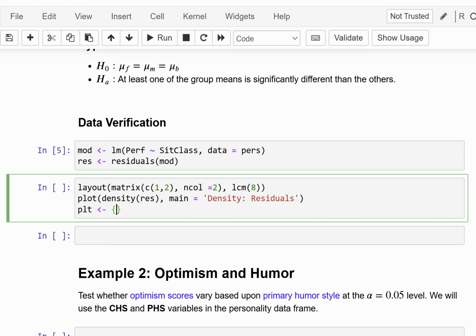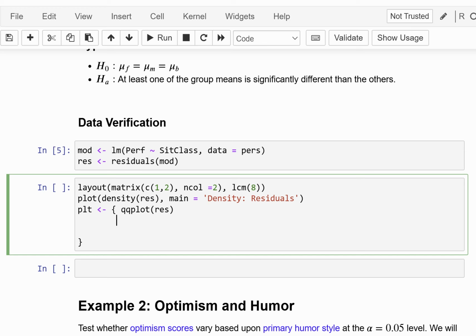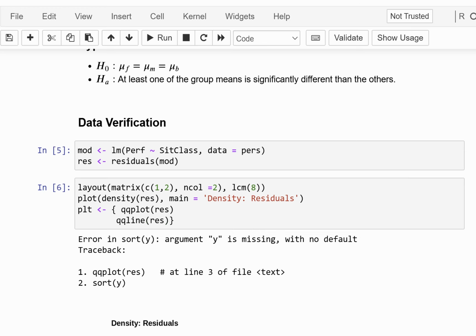Because remember, I'm going to have two plots that I'm going to put in here. The first one I'm going to put in is a QQ plot of the residuals, right? And then I'm going to put in the QQ line of, is it the residuals or the model? I'll have to think about that for a second. And let's see if we get that to run.